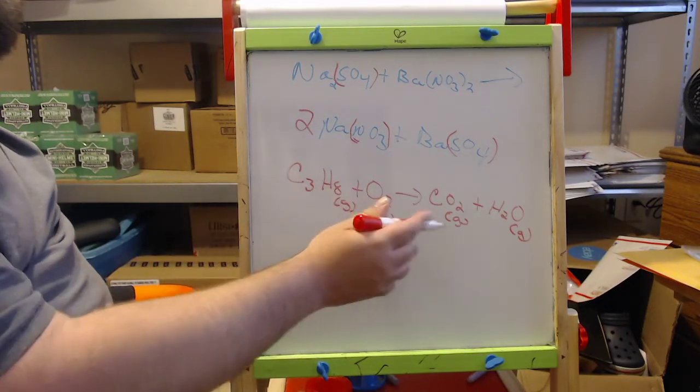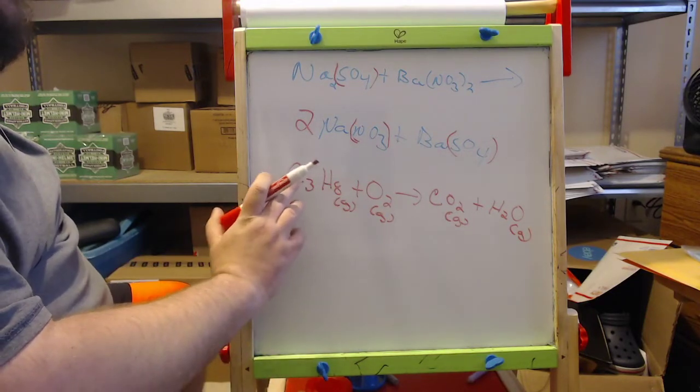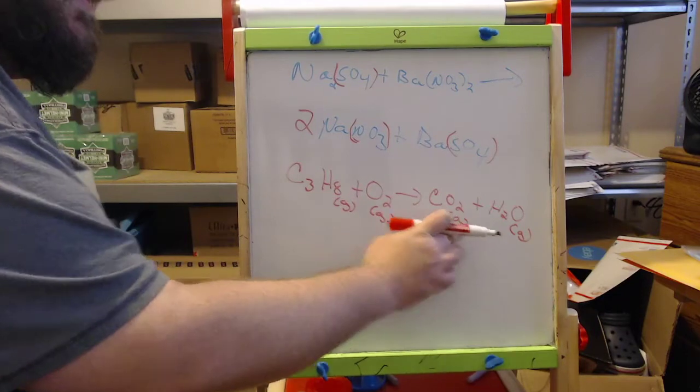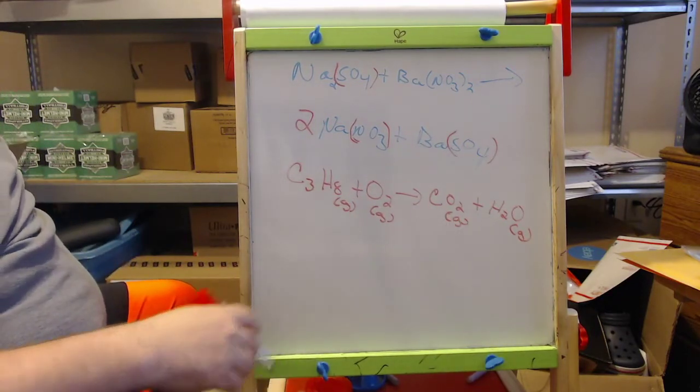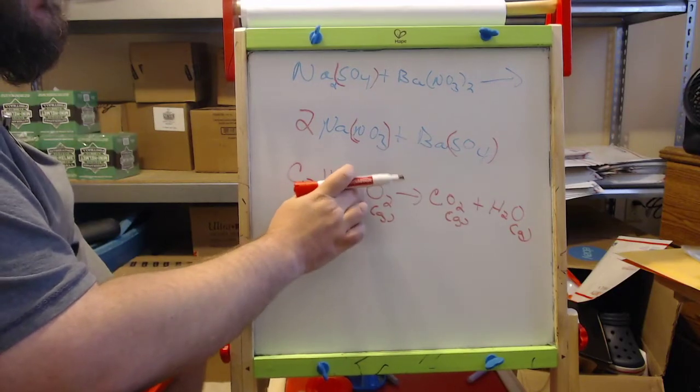Now, when you're balancing an equation like this, pick something that's in one thing on the left and one thing on the right. Balance standalones like O2 last.